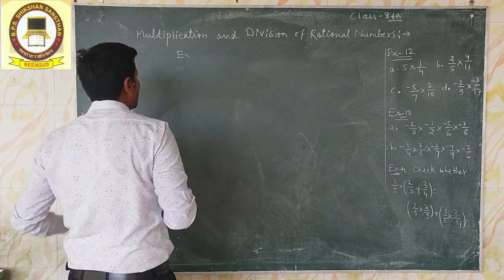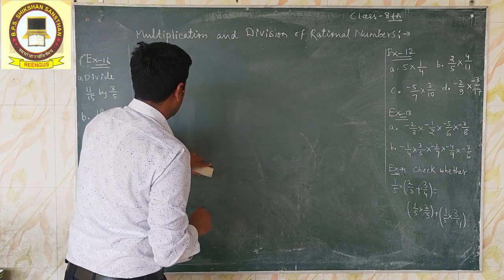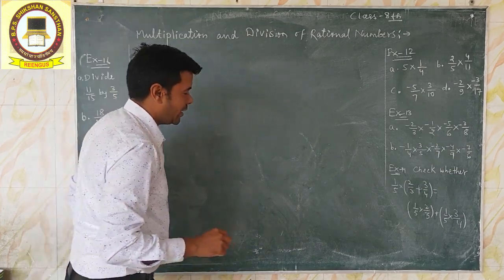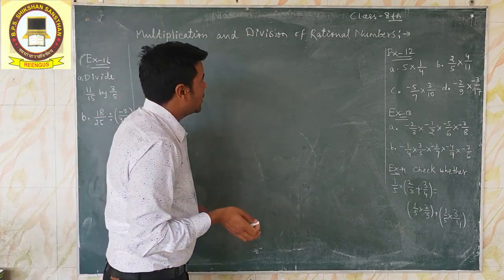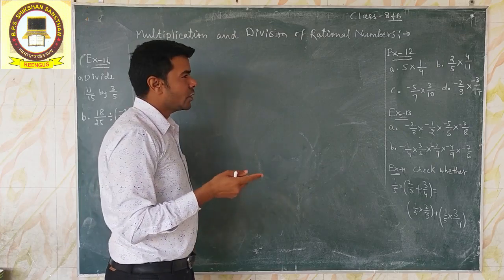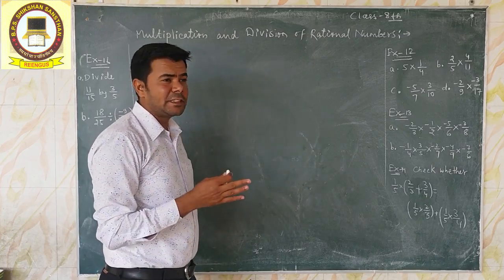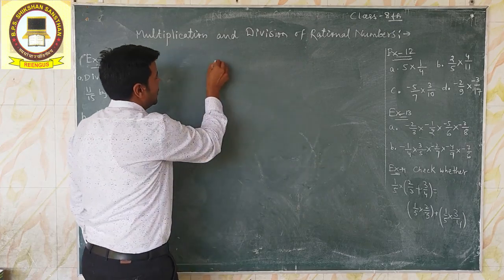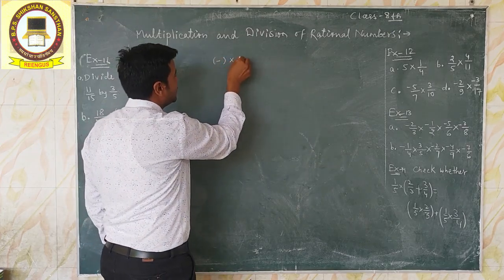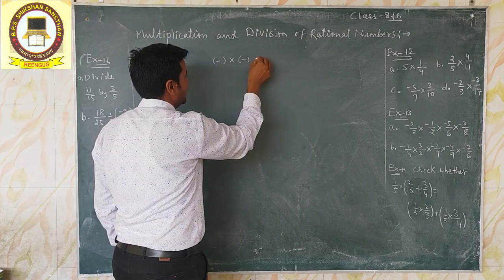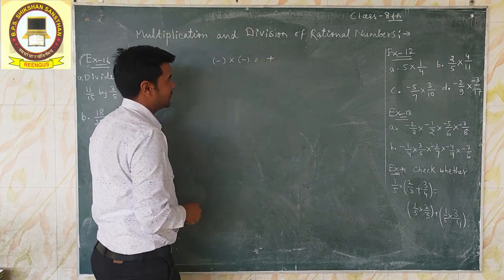Before example 12, let me show you how to decide the sign of a rational number. If we multiply minus value by minus value, it gives us plus.